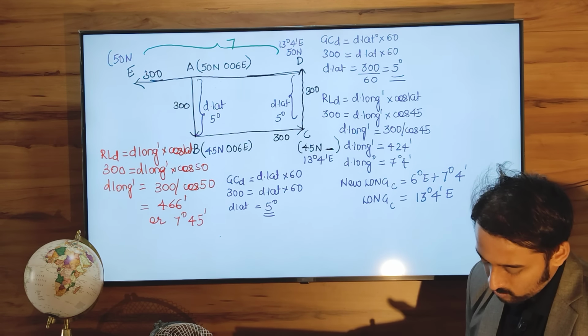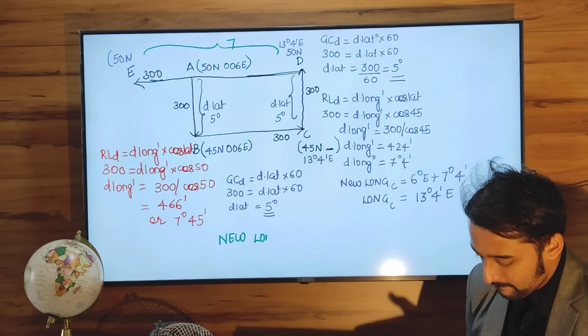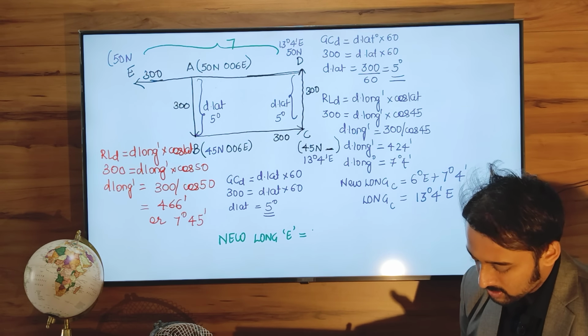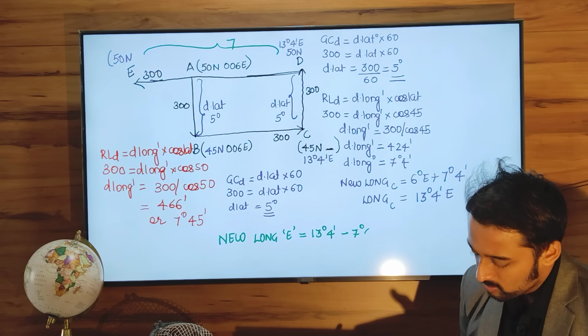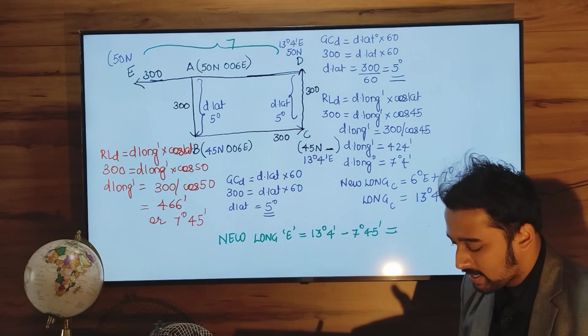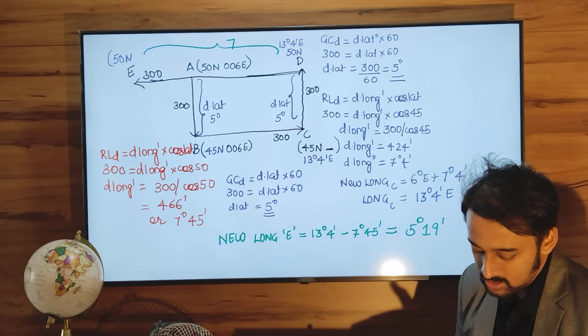So new longitude E equals 13 degree 4 minutes minus 7 degree 45 minutes, that is equal to 5 degree 19 minutes.